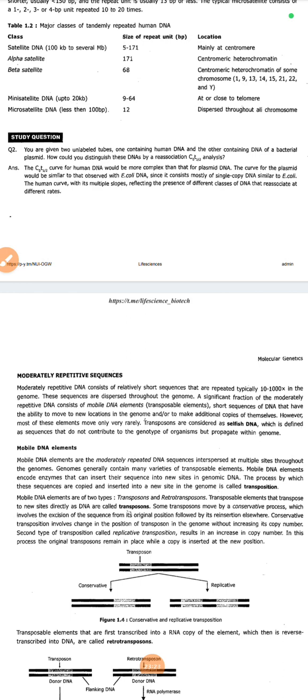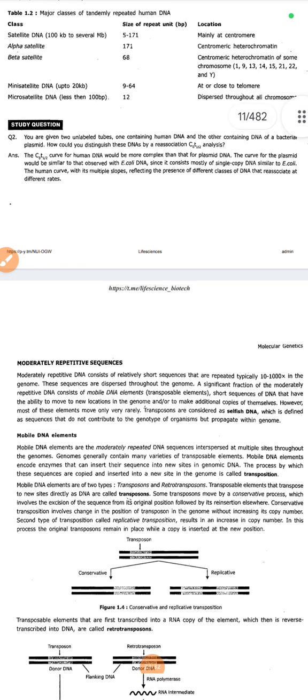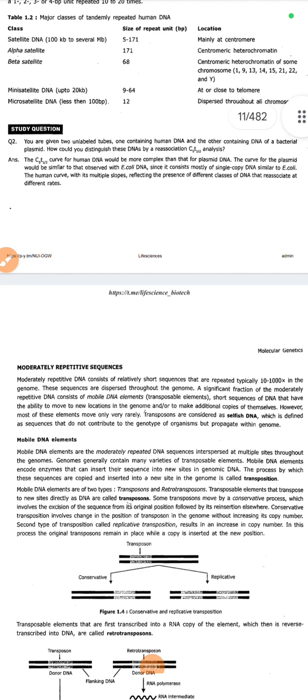So you can say that human DNA would be more complex than plasmid DNA, but the curve for plasmid would be similar to that of E. coli DNA because they have single copy.